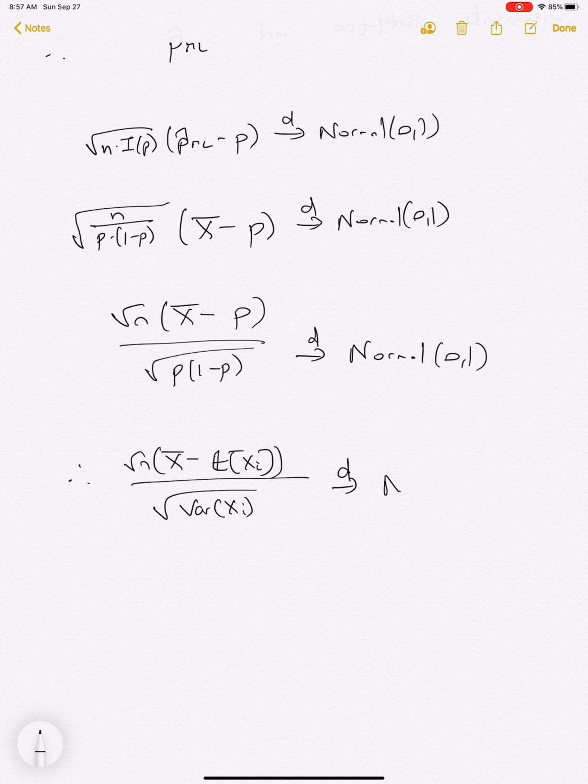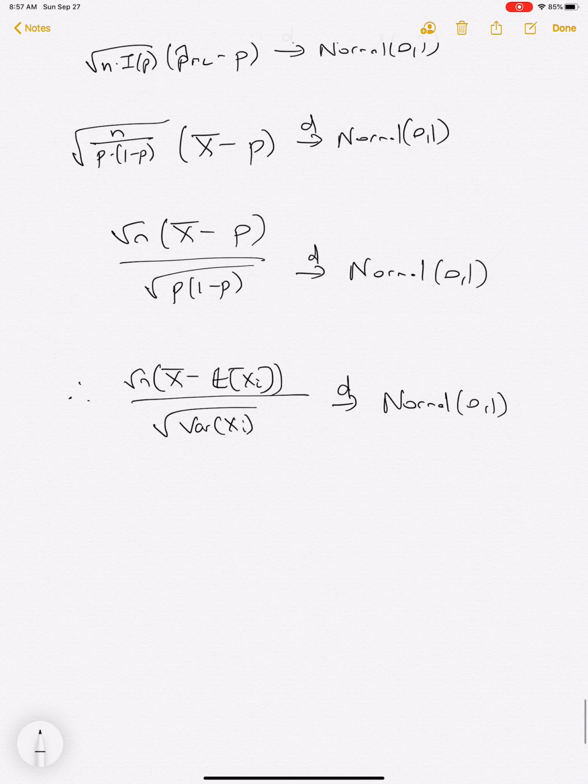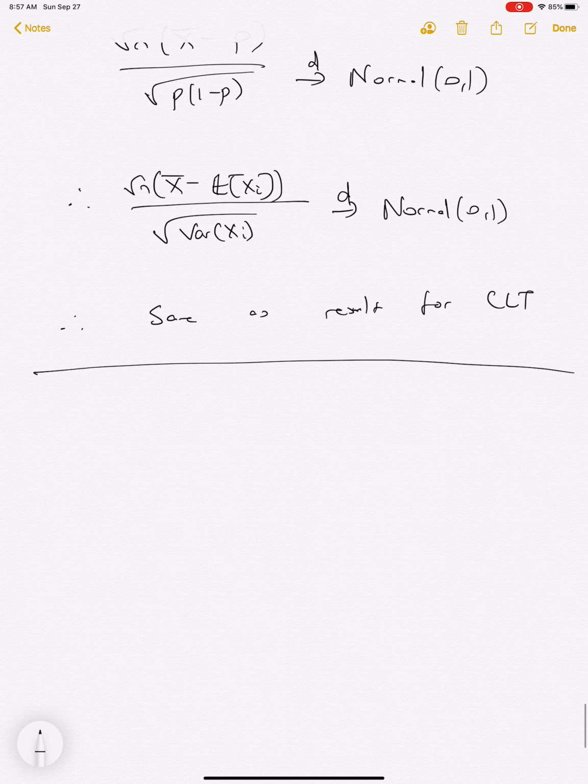This is just confirming that the result has some kind of merit because it shows us things that we already know. So this is the same as the result for the CLT. A couple of you might be thinking, what's the point of this? We've got this new result for maximum likelihood estimation, but we've just applied it in cases where it's just given us the CLT back. So why is this useful or interesting?